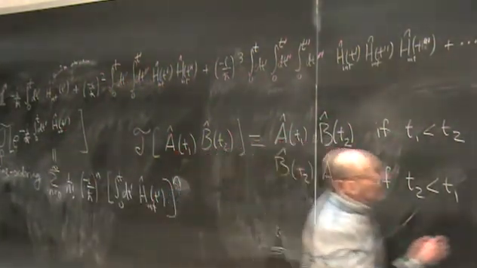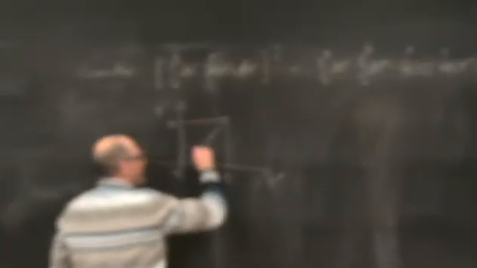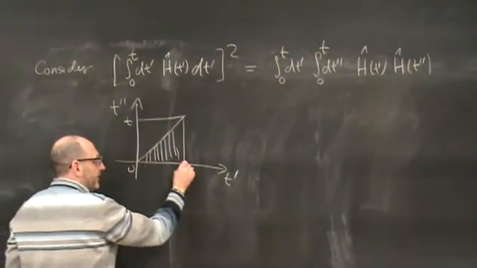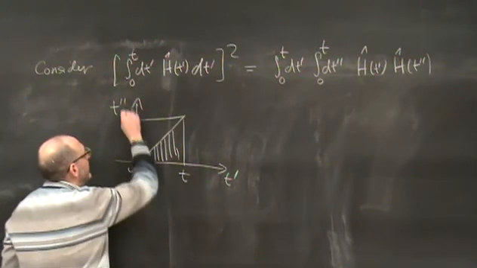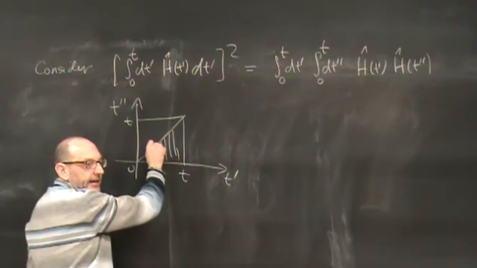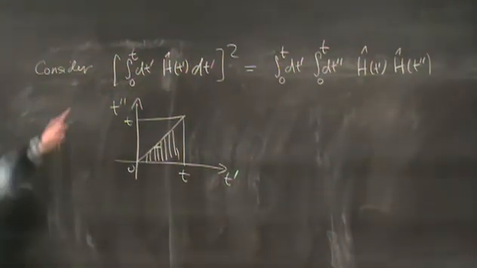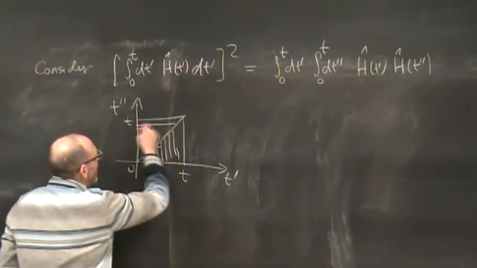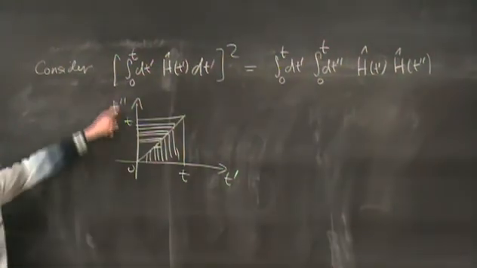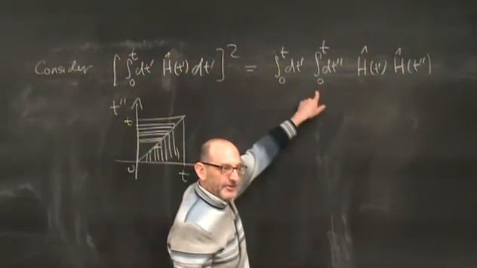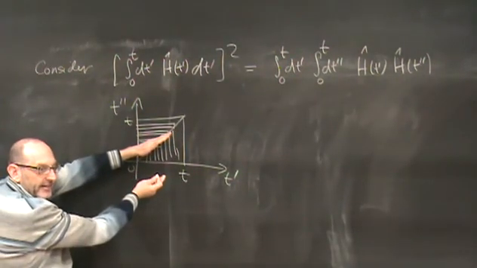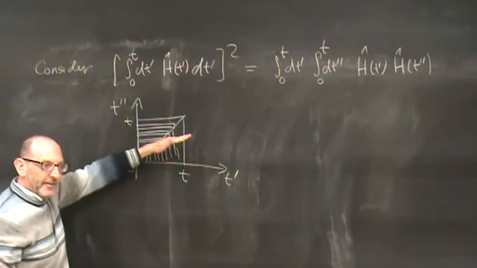So you're integrating over this region, right? t prime goes from 0 to t, and t double prime goes from 0 to whatever t prime is at that value. Of course, this integral is just a sum of two integrals. I could break this integral into an integral over this triangle, and then a second integral over that triangle.